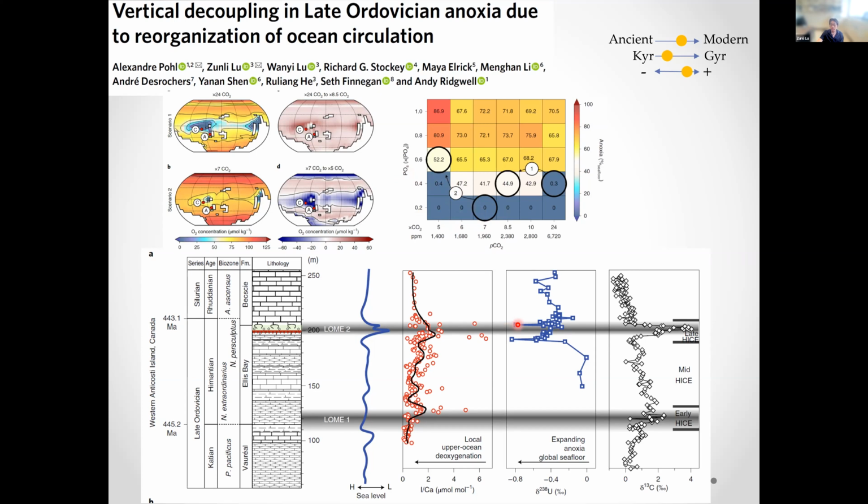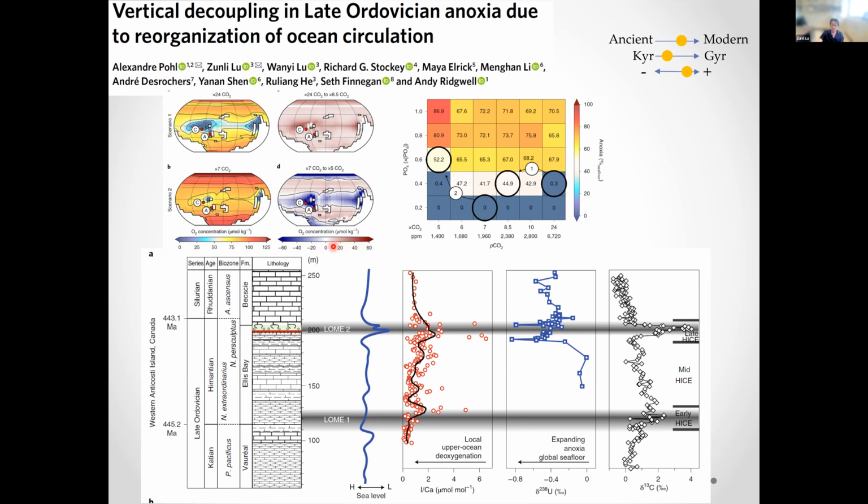But what happened in the upper ocean is where iodine calcium becomes helpful. So these two scenarios can give you similar degrees of anoxia expansion in the deep ocean, but actually will give you opposite O2 changes in the upper ocean, which is shown here. So in one scenario, your O2 actually goes up.